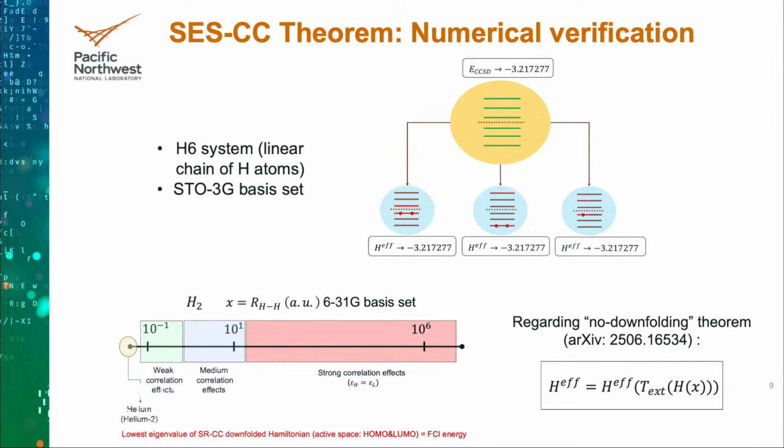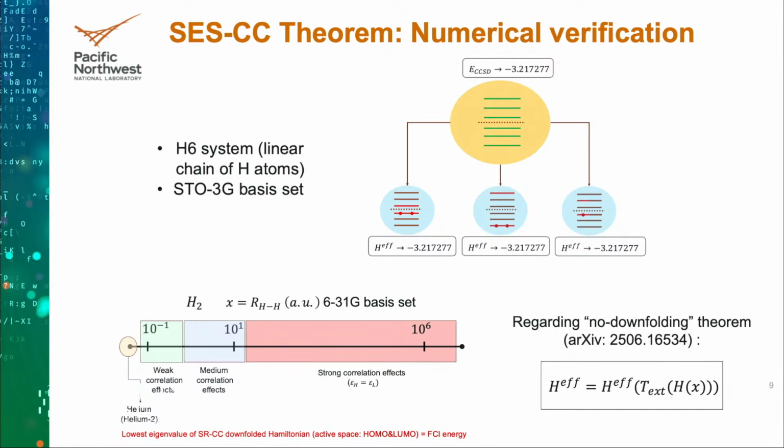And we verified it numerically for our favorite system H2, right, in the non-trivial basis set, 4 orbitals. For all internuclear separations, we were able to reproduce the ground state energy using coupled cluster downfolding, which contradicts the conclusions of the no-downfolding theorem.